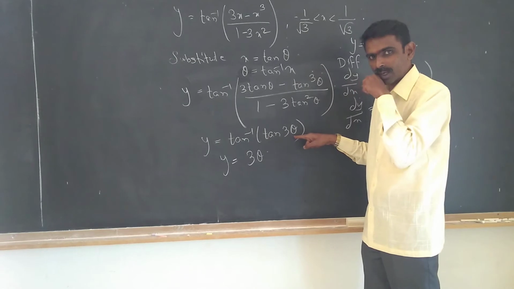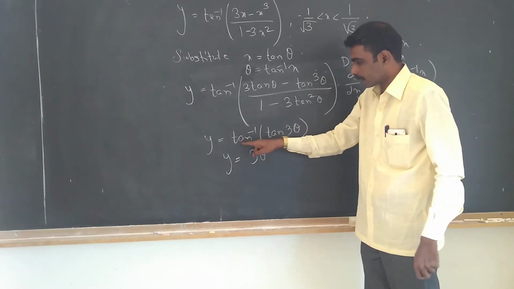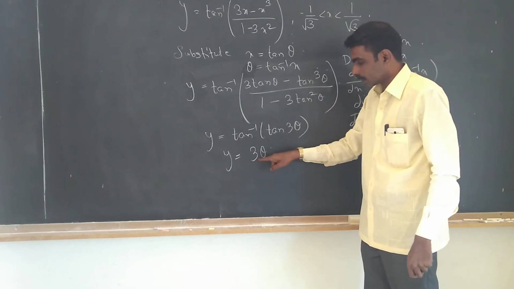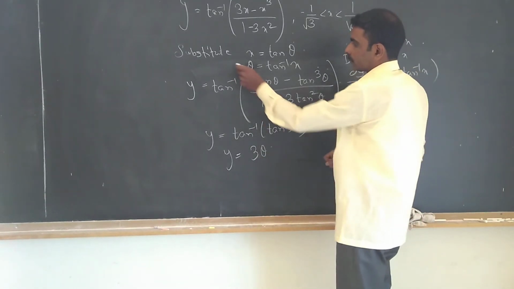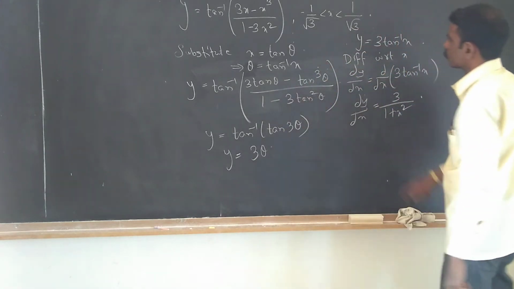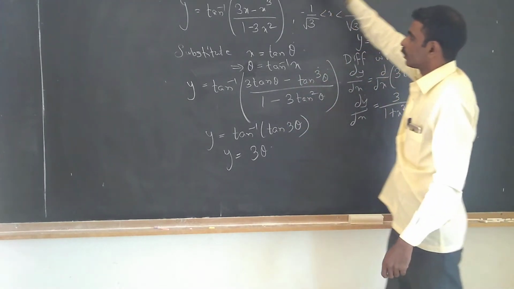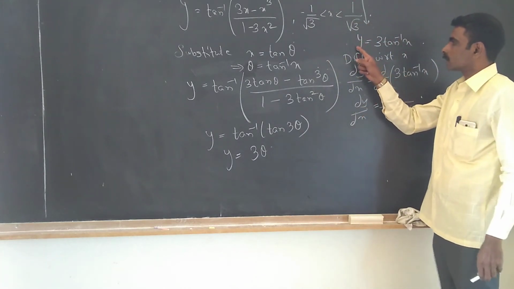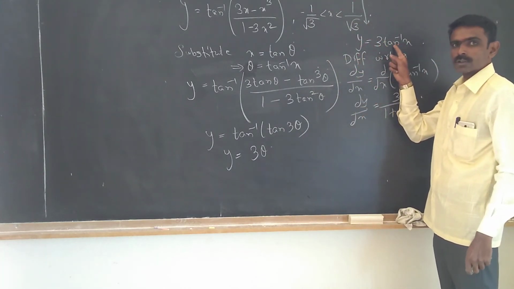In inverse trigonometric functions, you have studied that tan inverse of tan theta is theta, but here it is 3 theta. And what is theta here? Theta is tan inverse of x. So this function we have reduced to y equals 3 into tan inverse of x.